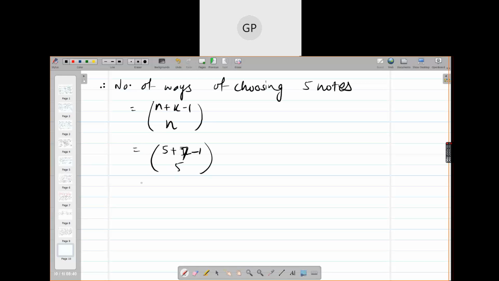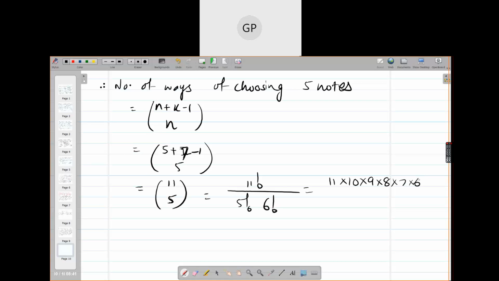So 5 plus 7 minus 1, that is 11C5. 11C5 is 11 factorial upon 5 factorial into 6 factorial. So you can simplify this: 11 into 10 into 9 into 8 into 7 into 6 factorial upon 5 into 4 into 3 into 2.